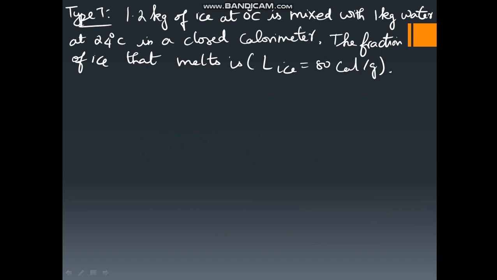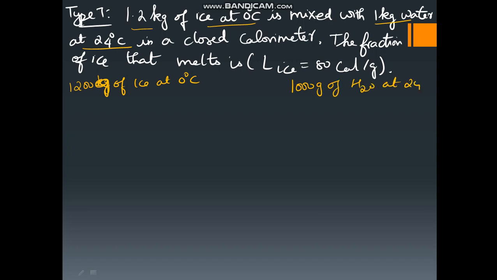Now let us see another type 6 numerical. 1.2 kg of ice at 0 degrees Celsius, I'm converting it into gram, 1200 gram of ice at 0 degrees Celsius, is mixed with 1 kg of water at 24 degrees Celsius. So 1000 gram of water at 24 degrees Celsius.